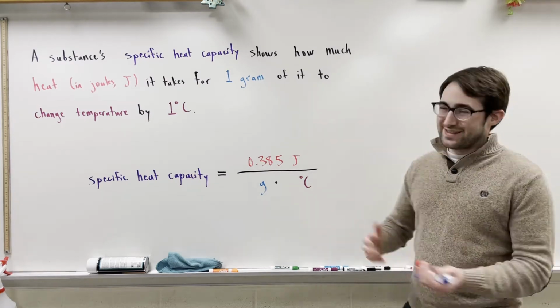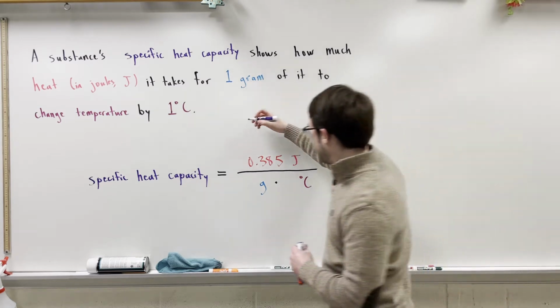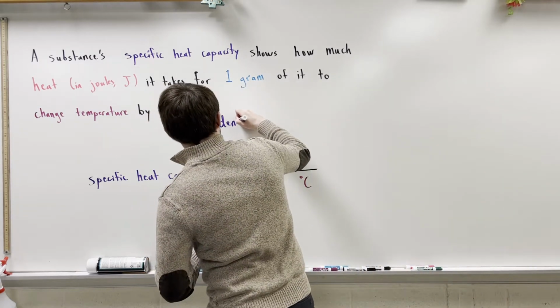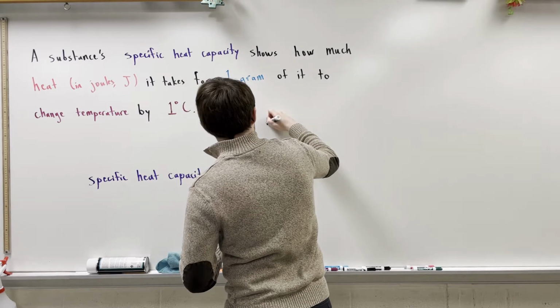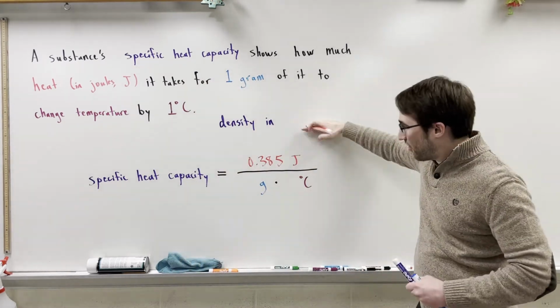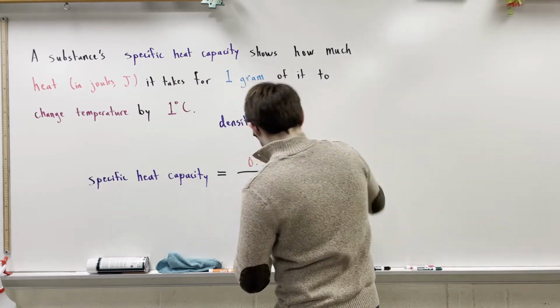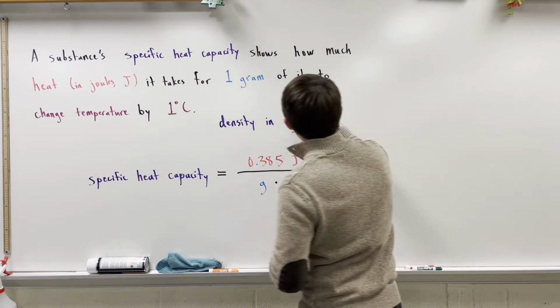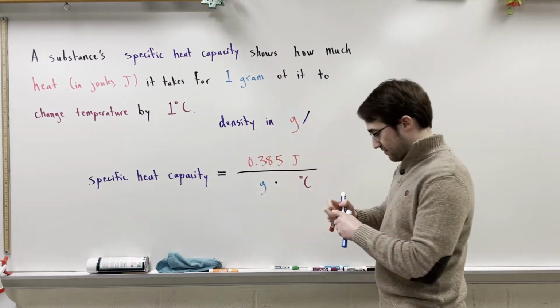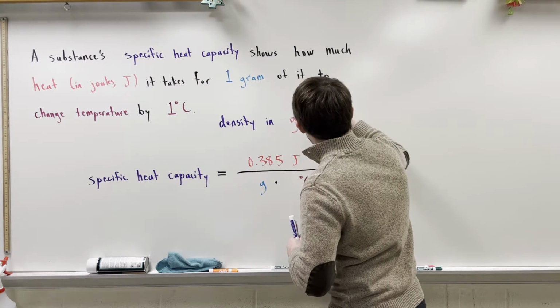Kind of like, I guess I said we're done with density, but to go back to density, when we talk about something's density, we write out its units, usually not as grams over milliliters like this. We kind of do a little slash. Grams per milliliter.